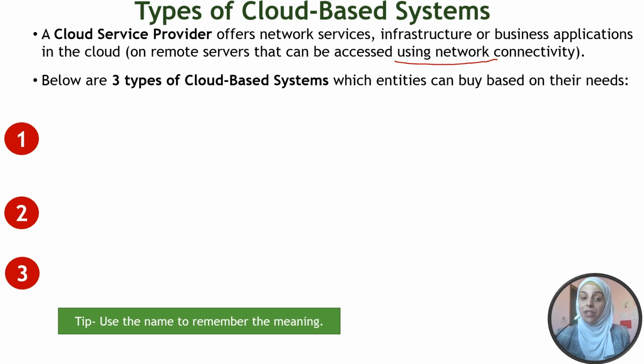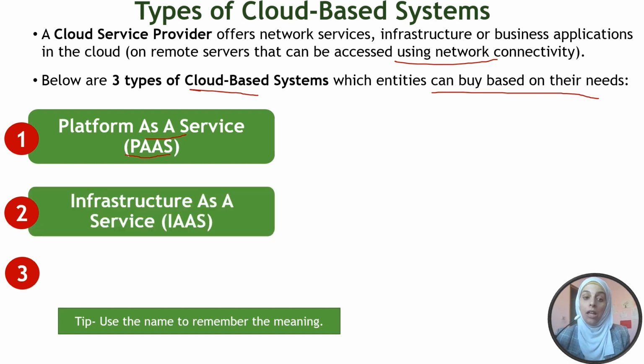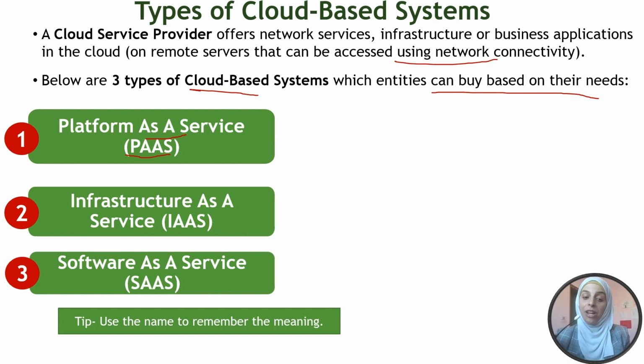We have 3 types of cloud-based systems which entities can buy based on their needs. Number 1, we have the platform as a service, the PaaS. And then 2, we have infrastructure as a service, the IaaS. And 3, we have the software as a service, the SaaS.